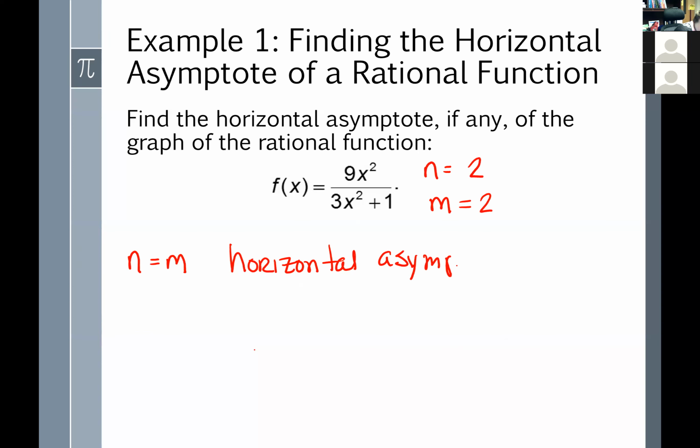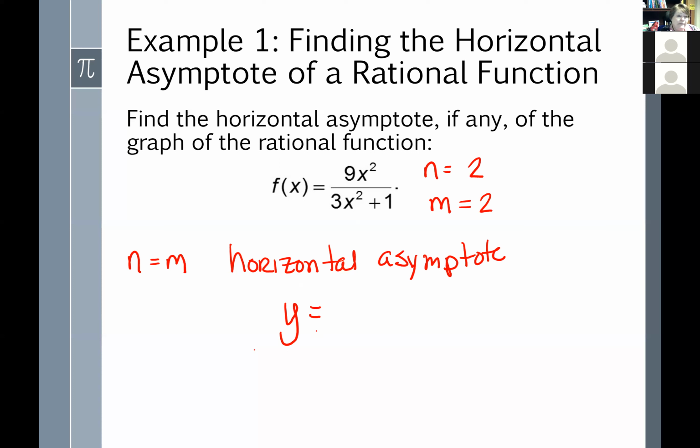And it is going to be y equals a ratio of the leading coefficients. So the leading coefficient in the numerator is the constant that you're multiplying times your variable of highest degree. So there's only one term in the numerator.